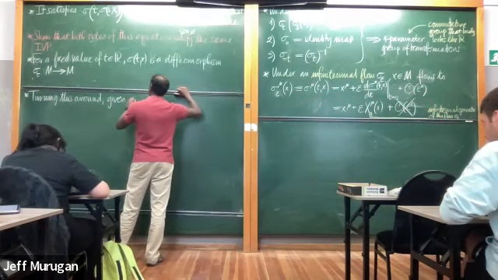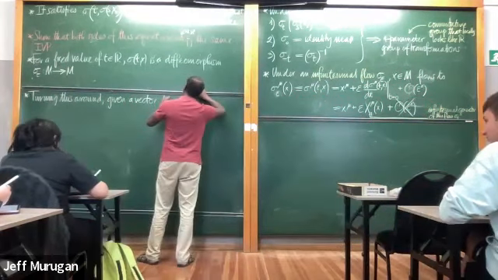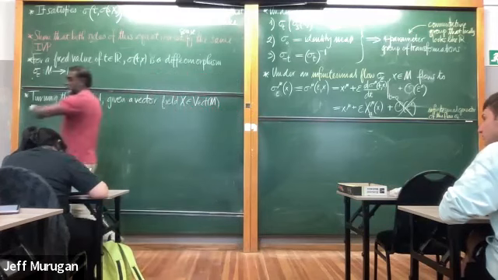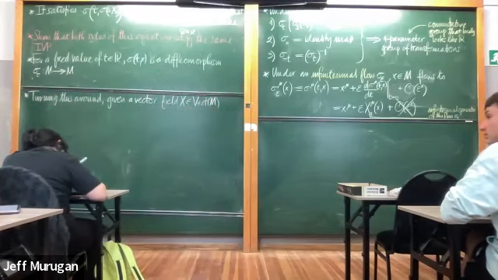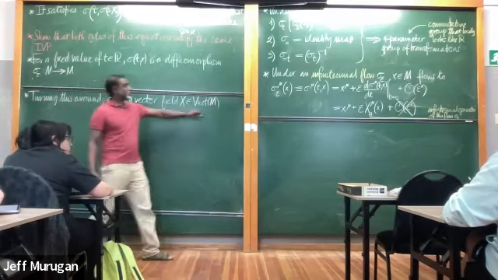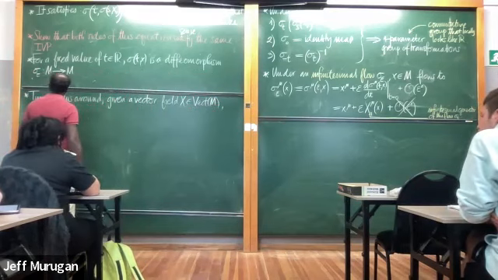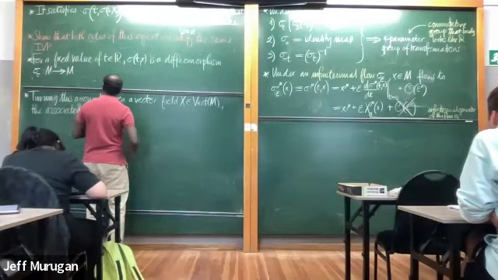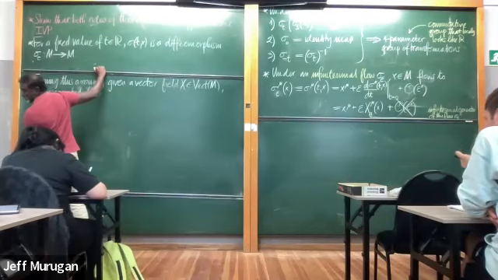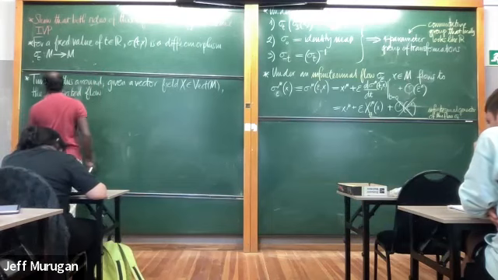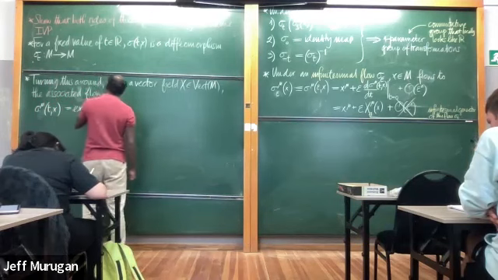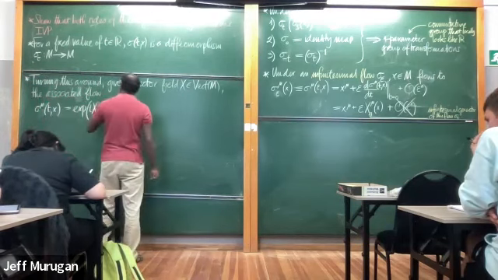Given a vector field x, the associated flow sigma t of x is e to the t x.